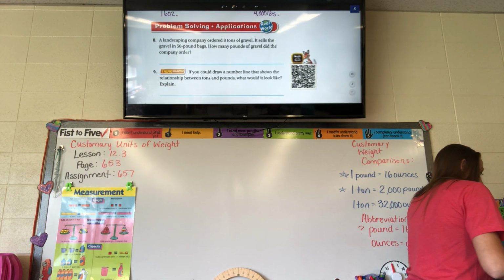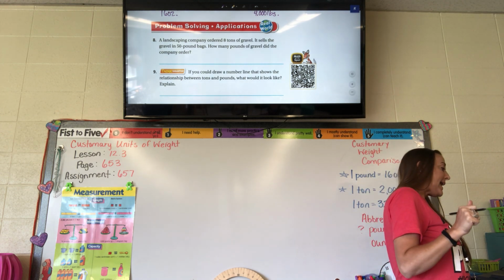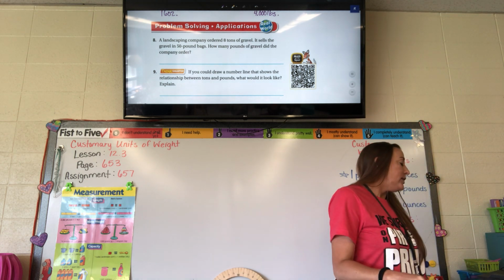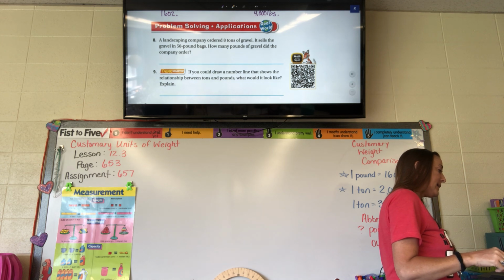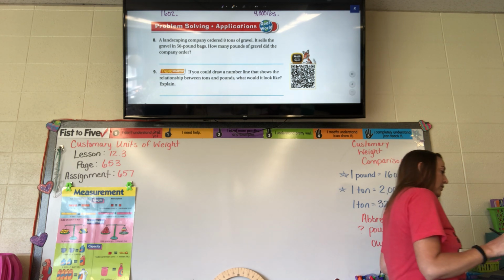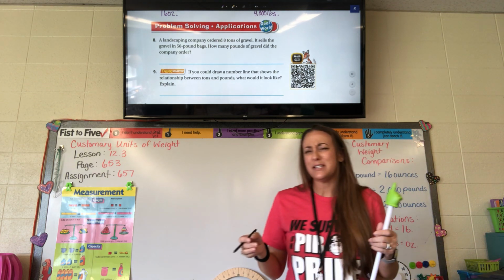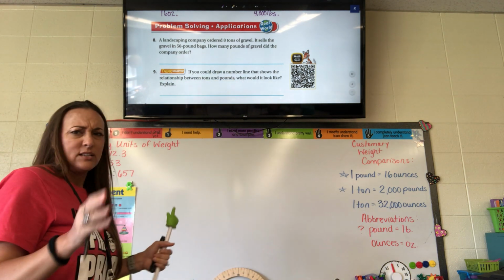Okay. A landscaping company ordered 8 tons of gravel. It sells the gravel in 50-pound bags. How many pounds of gravel did the company order? Okay, so there's information in this problem that I don't really think that we need. Let's look at it closely.